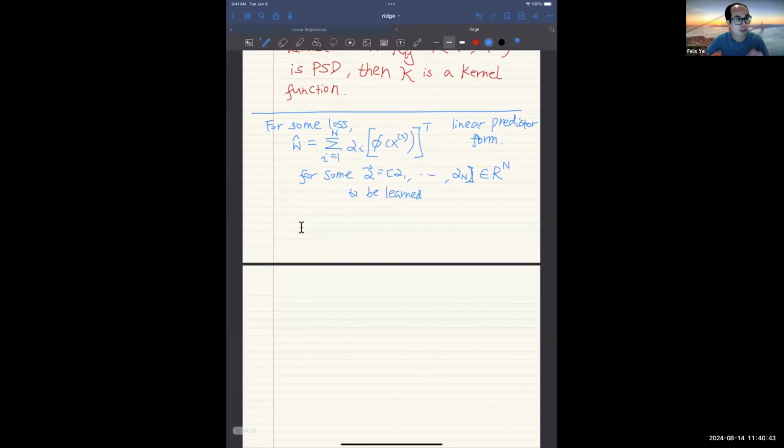Okay, so the whole idea is we design an algorithm to find alpha just using the kernel matrix.